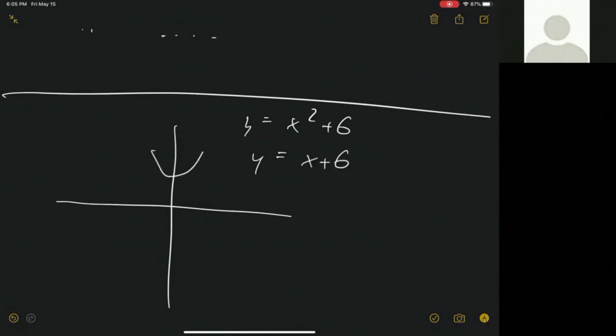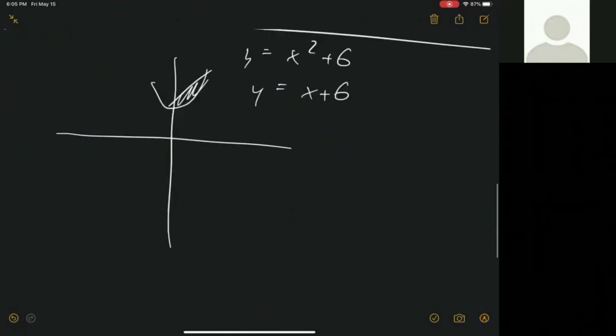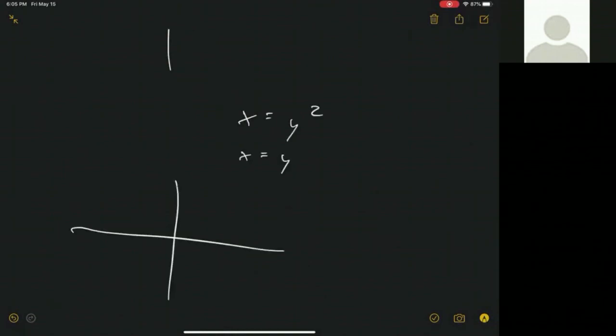So the intersection would look like that. Okay, that region. So when we have, instead of y equals a function of x, x equals a function of y, everything's going to be sideways. So x equals y squared would look like this sideways parabola, and then x equals y, well, that would still be this line. Okay, how do I find the area of this thing?